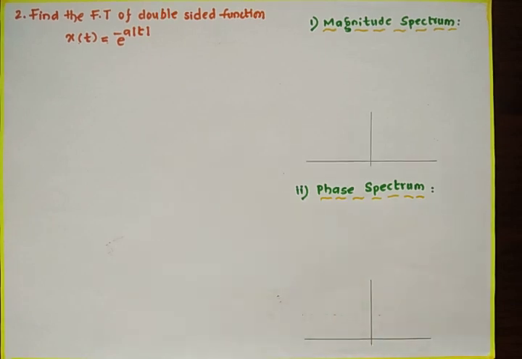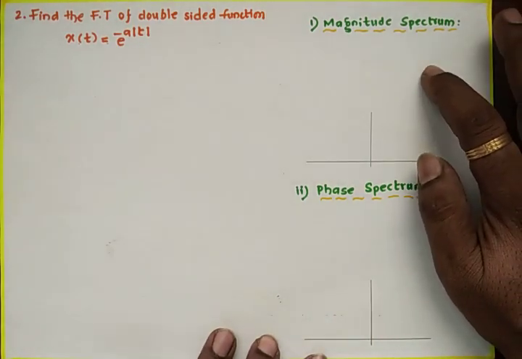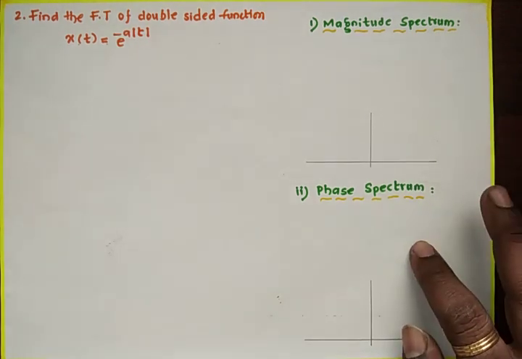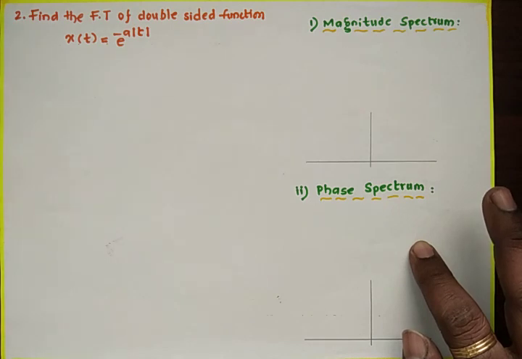For this question, we have to calculate the Fourier transform. After that, we have to plot the magnitude spectrum and the phase spectrum, so that by plotting these spectrums you can successfully complete the Fourier transform of the given signal.